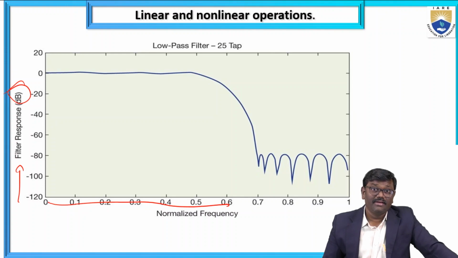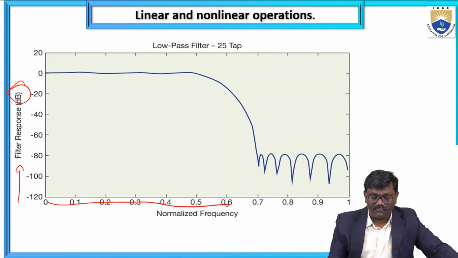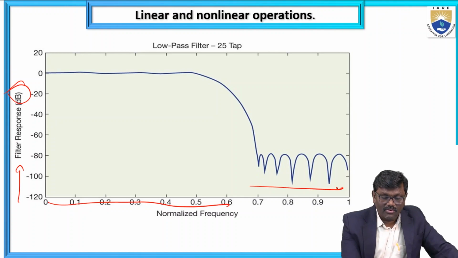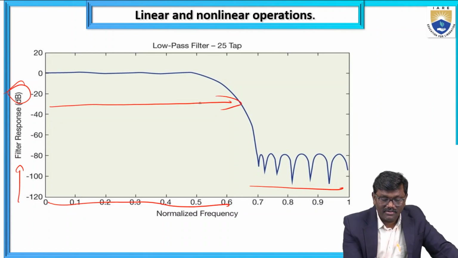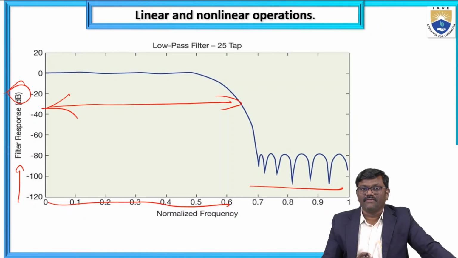We want to make the filtering process linear. So the values of a linear filter are always maintained in terms of frequency gain, that is output by input. The gain value should be maintained uniquely, that is the unique value in terms of decibel values. So the variations are here. The low pass filter values are linear; that is fixed, one band is fixed.